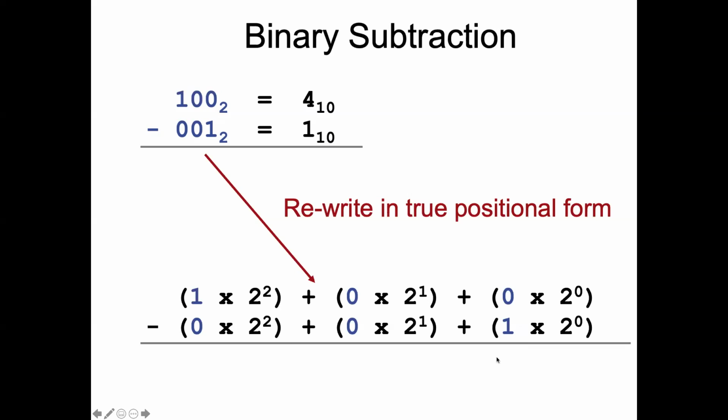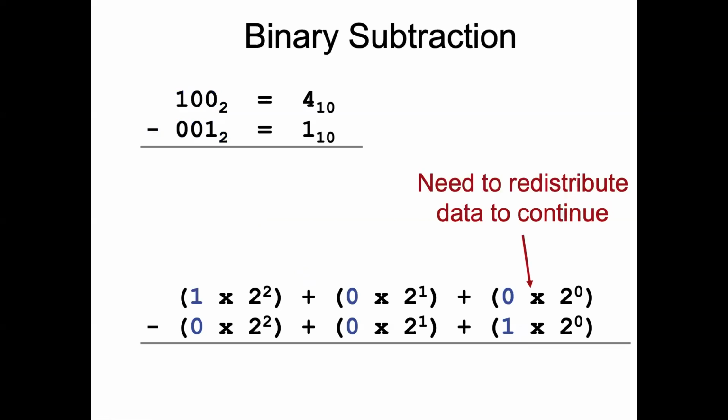The reason to expand it like this is to see how we can do borrowing in binary. Because I can't subtract a 1 from a 0. But if I had a 1 in this bit position, I could borrow from it. Well, I have a 0 here. Now this 1 in this bit position is worth 4 times as much as this.